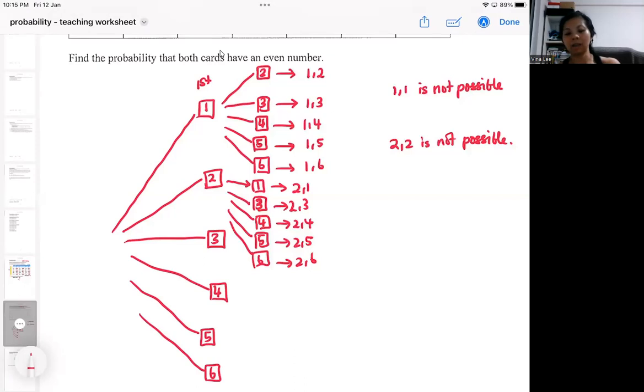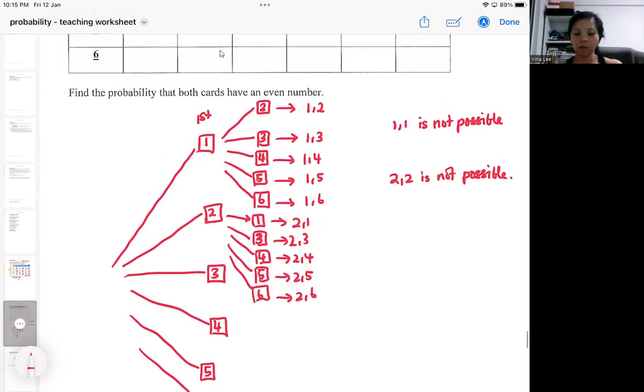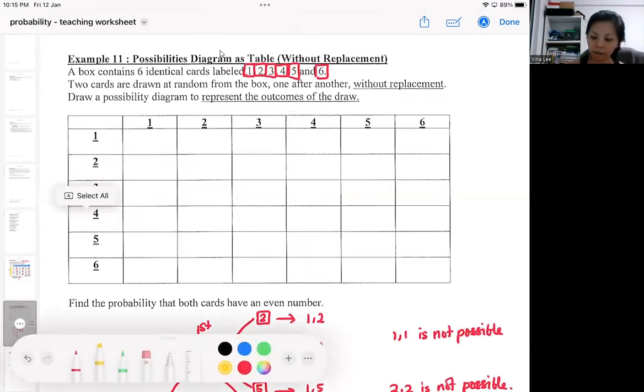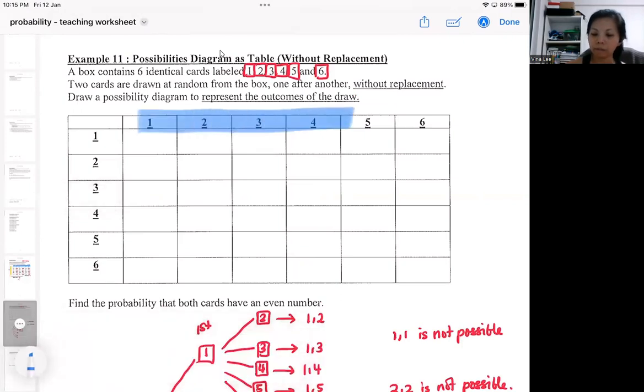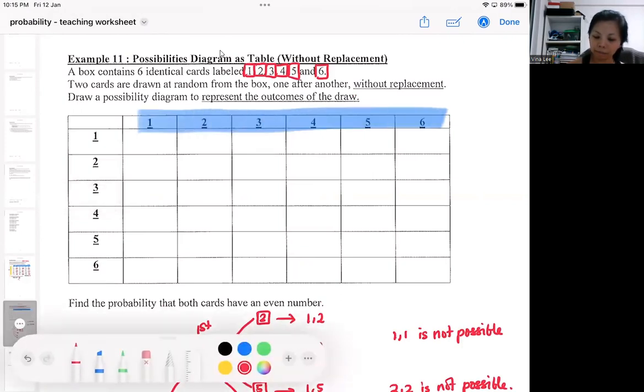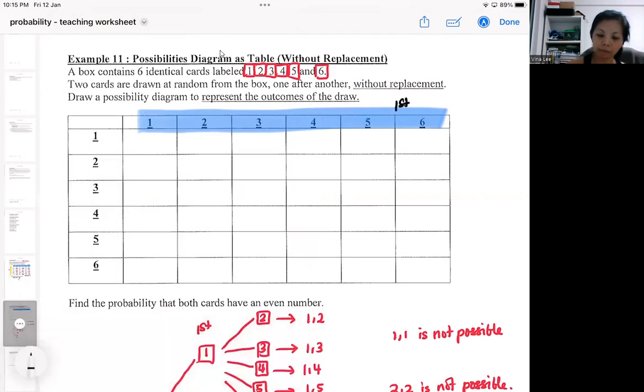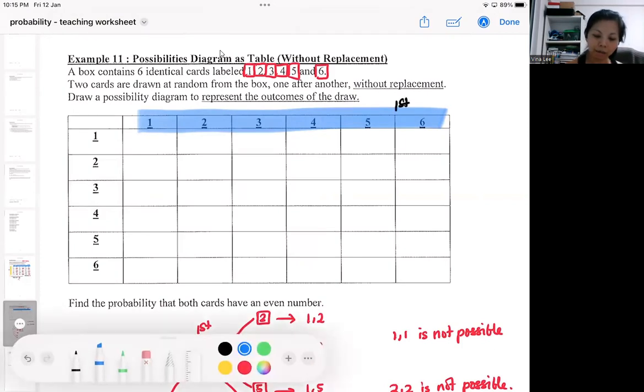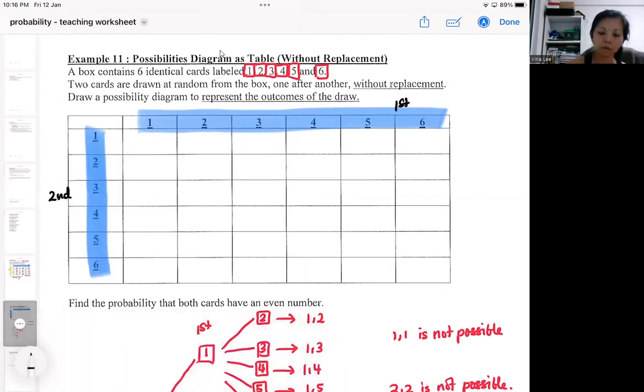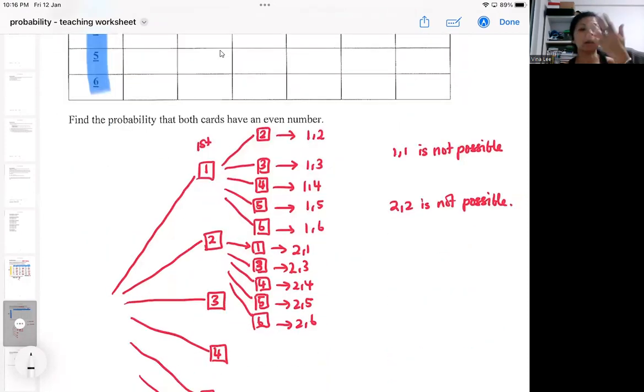So you will expect that if I do it the same way as my previous question, this is the first card, and this part is my second card. If you understand the idea that you cannot replace the first card, you cannot get 1, 1, and you also cannot get 2, 2.